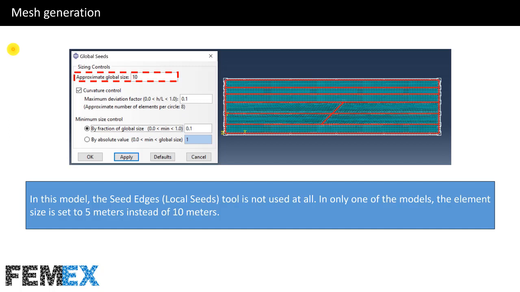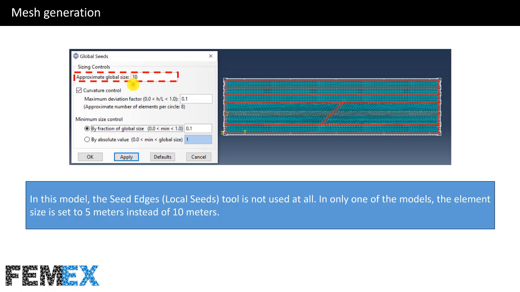And about the mesh generation, for all the layers, I have set the approximate global size equal to 10. And in none of the models, the seed edges or local seeds tool is used at all. And in only one of the models, the element size is set to 5 instead of 10.